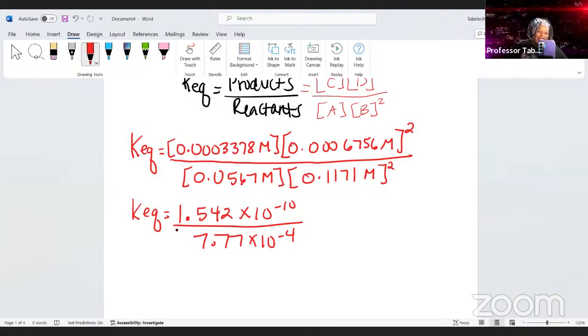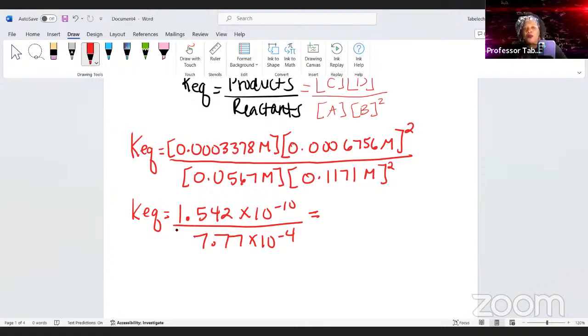In chemistry, you have to make sure that you take care of your top row and the bottom row. You should write everything out so that if you make a mistake, you can go back and check your answers, okay?